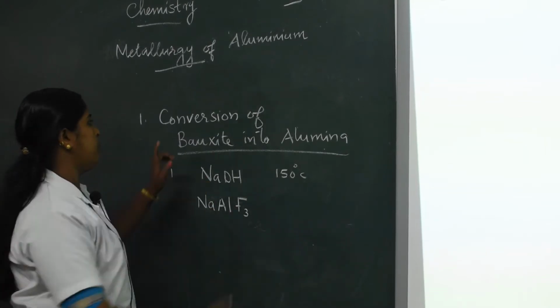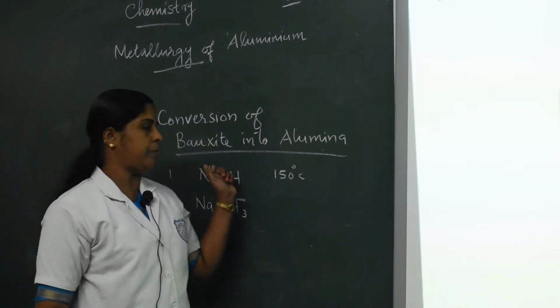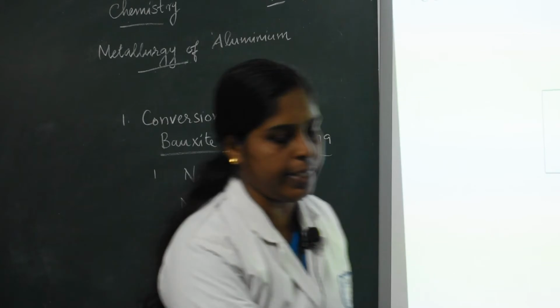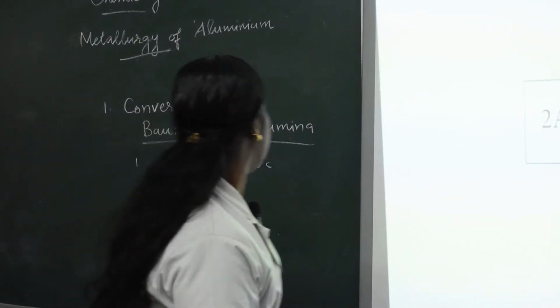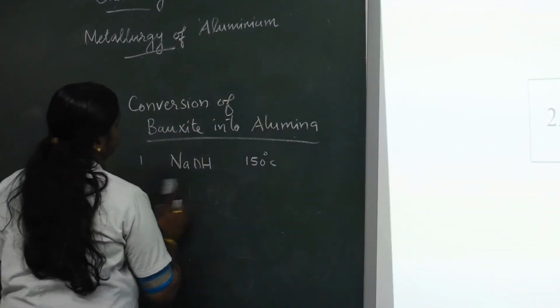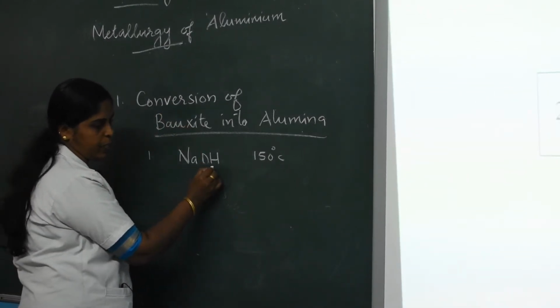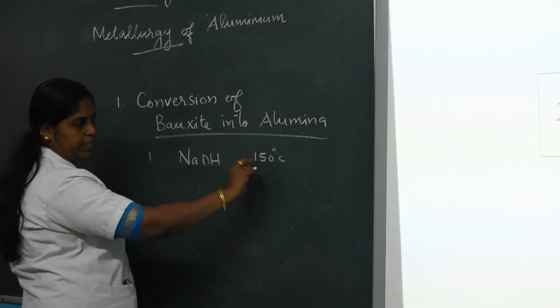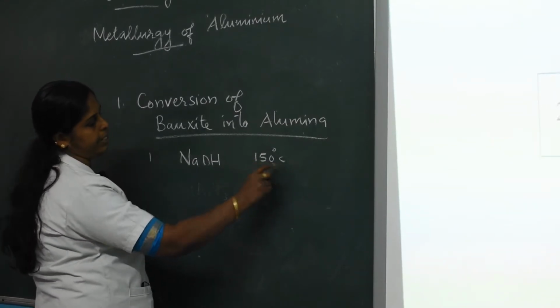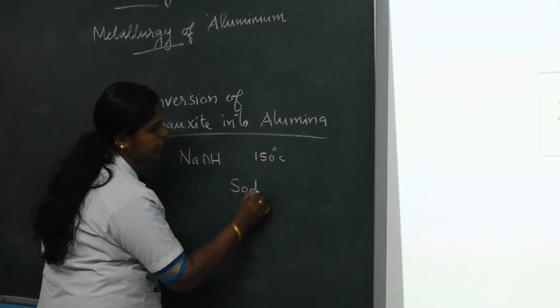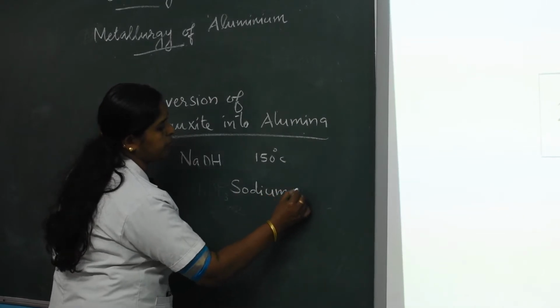Aluminium hydroxide forms before alumina forms. Here, bauxite ore is treated with caustic soda under pressure at 150 degrees Celsius, and sodium meta-aluminate is formed.